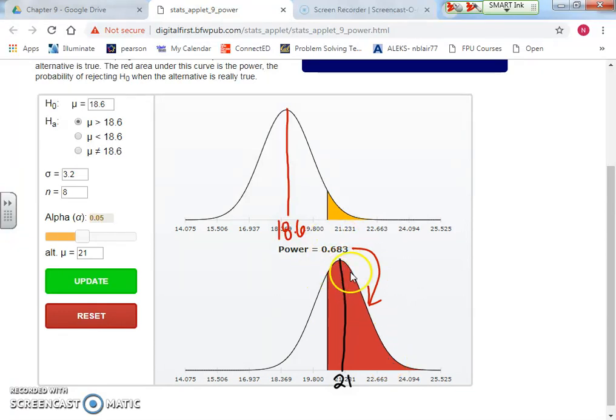That's the probability of correctly rejecting the null hypothesis, because all of this section, we're going to reject the null hypothesis, and we should be, because the truth is 21. But there is a chance that we'd get a sample in the white area, and that would be a type 2 error. So the idea here is we want to have high power. The higher the power, the better. We want to reject the null hypothesis correctly, okay?